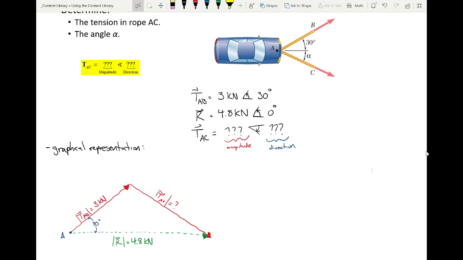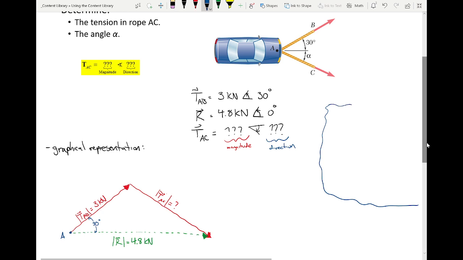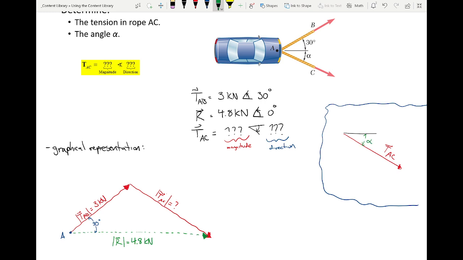Well, let's look at this diagram here. Let's do a little thought bubble over here off to the side. So here's tension AC, and this angle here is the Greek letter alpha, right?